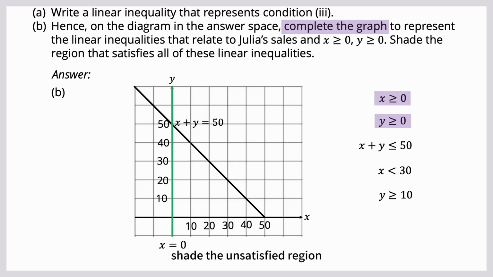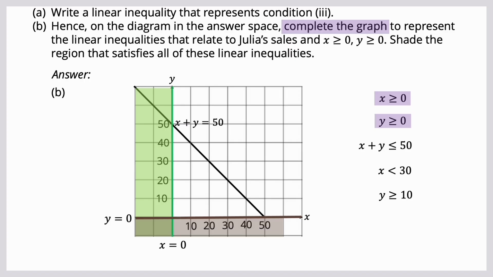Shade the unsatisfied region. Shade left of the line. Draw the line y equals 0. Shade the unsatisfied region. Shade below the line. x plus y less than or equal to 50. Shade the unsatisfied region. Shade above the line.